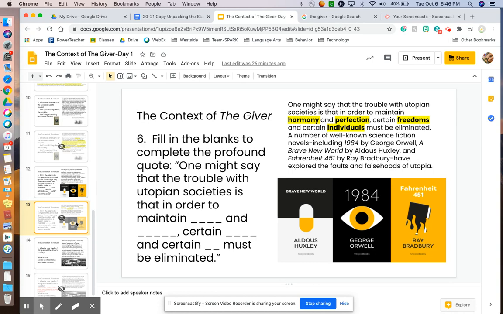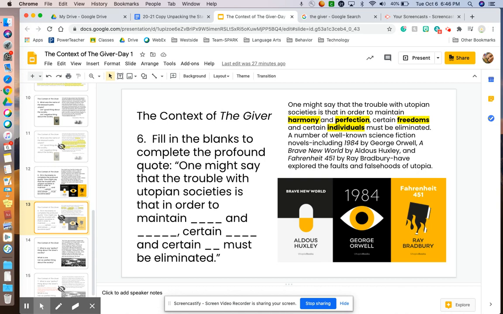Let that sink in for a second, because what that's saying is, in order to feel like a perfect society, I have to take away your freedom. I have to take away certain individuals that would not or could not follow my idea of what is perfection.